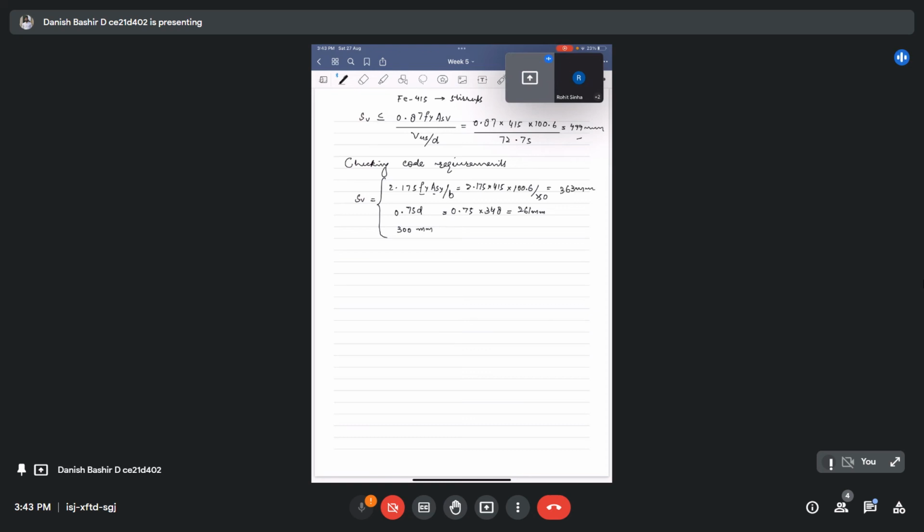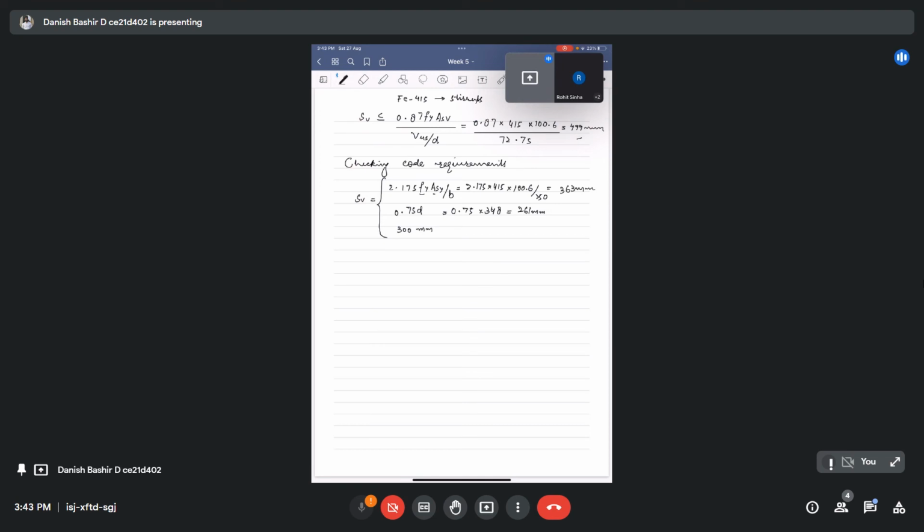But when we checked with the code, it says you have to provide stirrups even closer, based on the grade of steel you use and the area of the stirrups that you provided. From that we got 363 from one condition, 0.75D was another condition, and 300.